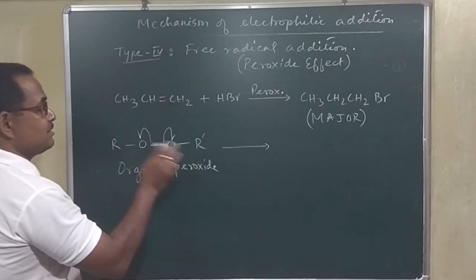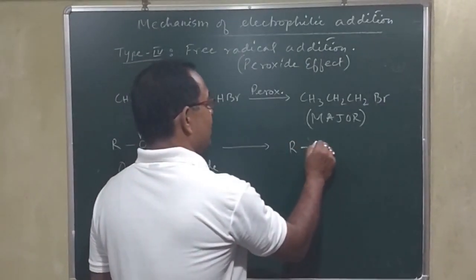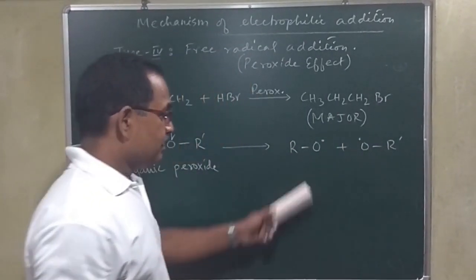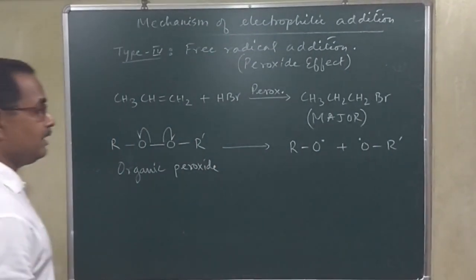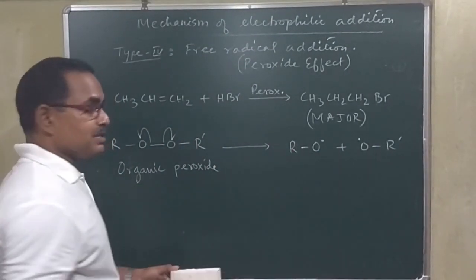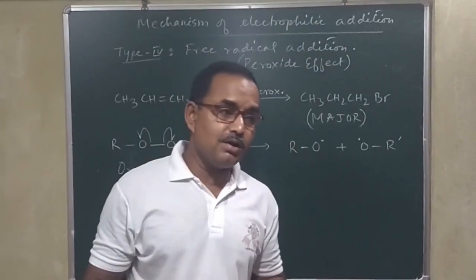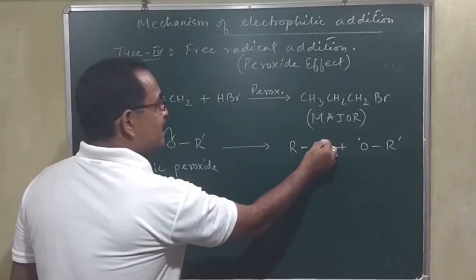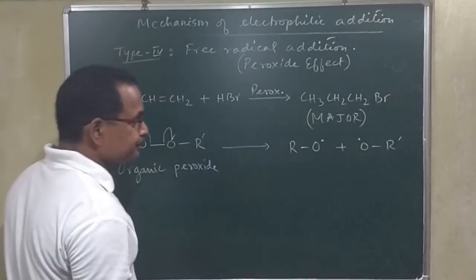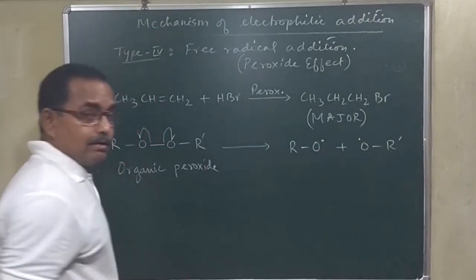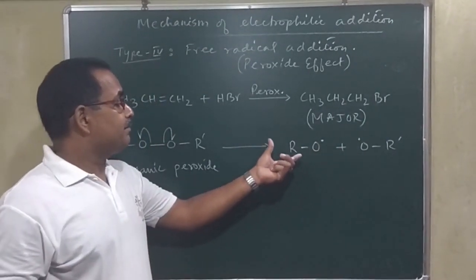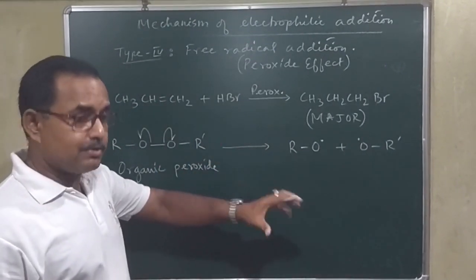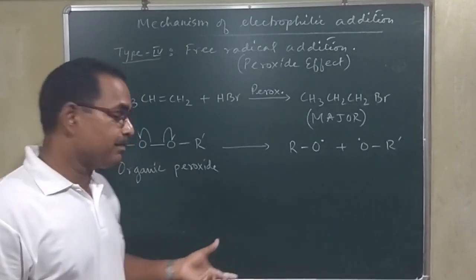Homolytic cleavage of this will result in RO dot plus OR dash. This type of free radicals contain oxygen. We know oxygen has a very strong desire for hydrogen. So whenever there is a radical at oxygen, that oxygen radical will be highly capable of abstracting hydrogen from anywhere else.